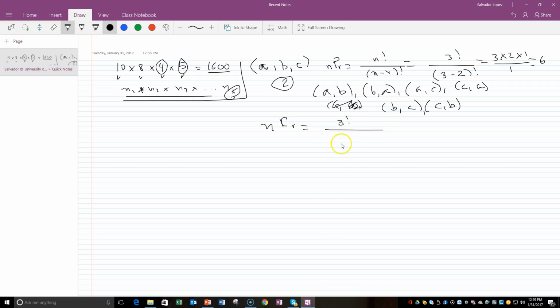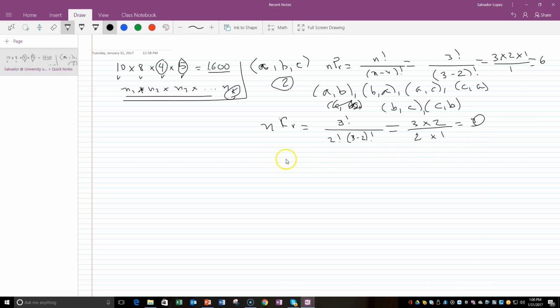We have n factorial in the numerator, and then in the denominator we have r factorial times, again, n minus r factorial, which is 3 minus 2. This is 3 factorial, so the numerator is 3 times 2 times 1, but we don't need to include that. Then in the denominator, there's 2 times 1. And that would be 6 divided by 2, 3 possible outcomes.